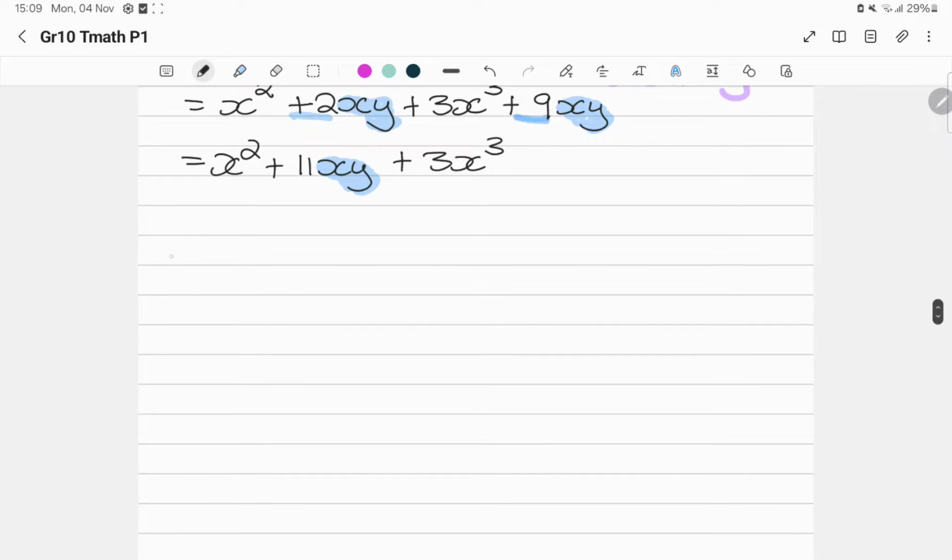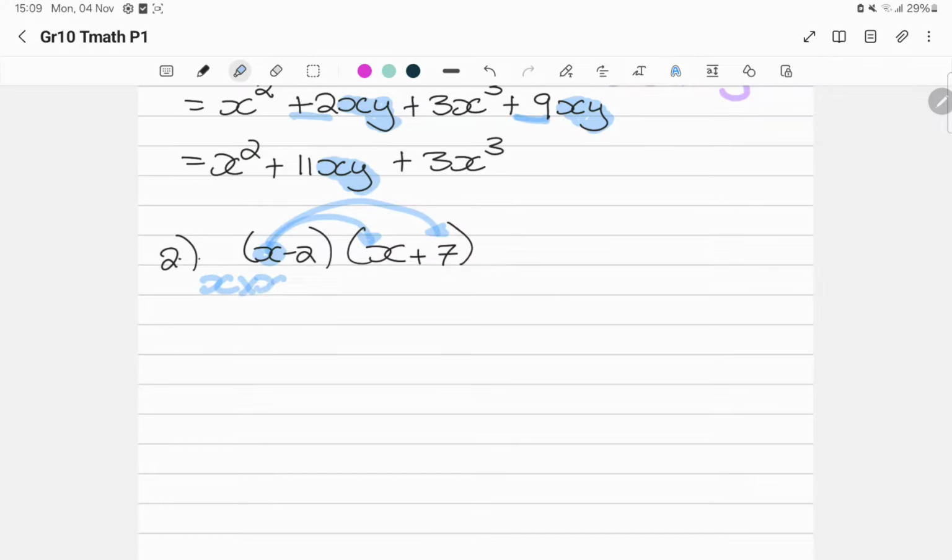Okay, let's look at another one. Let's say they give us x minus 2, x plus 7. Now I have two brackets. Same thing. This x has to multiply with both terms in that second bracket. Meaning I have to ask myself, what is x times x?